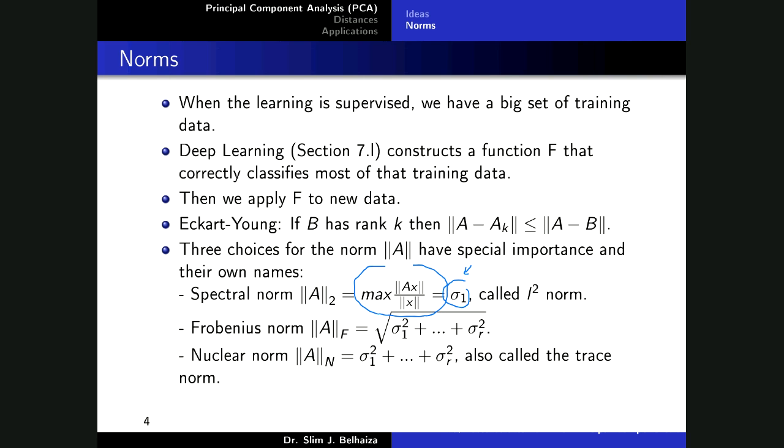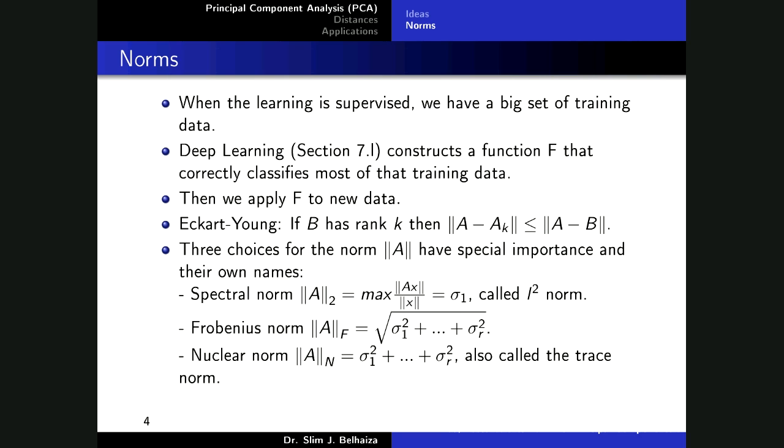If your matrix A has been written using the SVD, then sigma 1 is always the largest singular value. The Frobenius norm writes the magnitude of the matrix as the square root of the sum of squares of all the singular values, while the nuclear norm writes the same formulation but without square root.